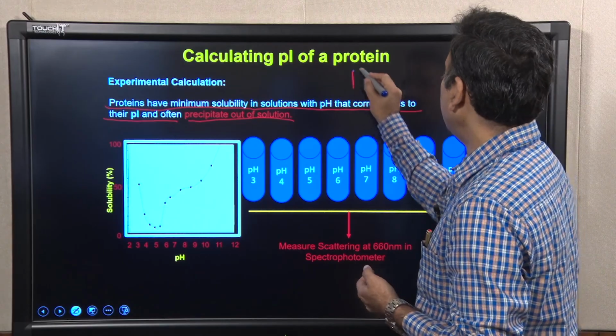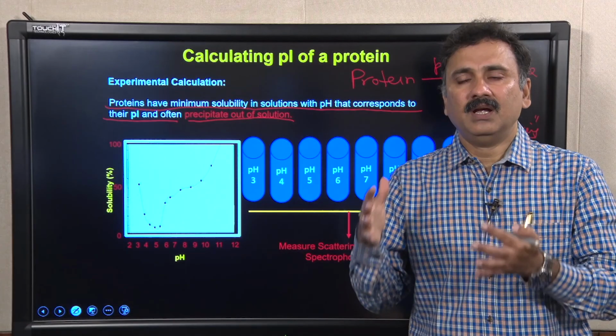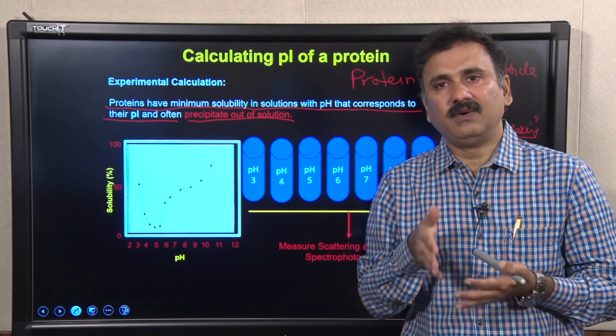So when you reach the pI value, the protein starts showing insoluble particles, and these small particles are going to scatter light. You can use this behavior of a protein in aqueous solutions with different pH.